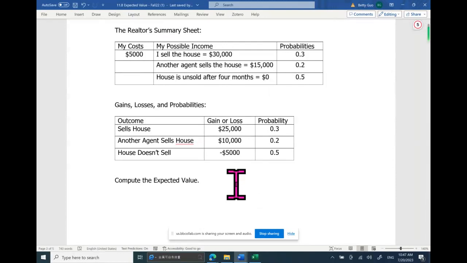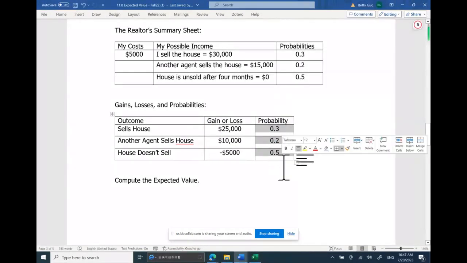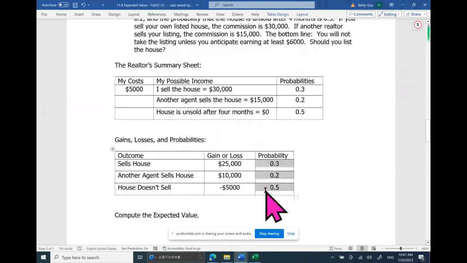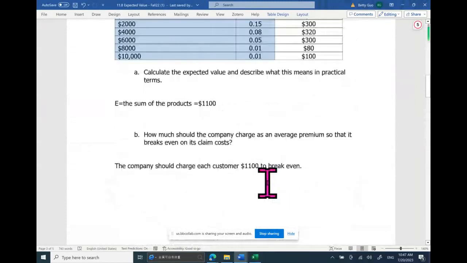Okay, we are looking for the expected value for the profit. If the profit is bigger than or equal to 6,000, accept the deal. Otherwise, decline the deal. The corresponding probabilities are given by the question: 30%, 20%, 50%, right? Knowing those probabilities must add up to 1 or 100%, same as the previous question.